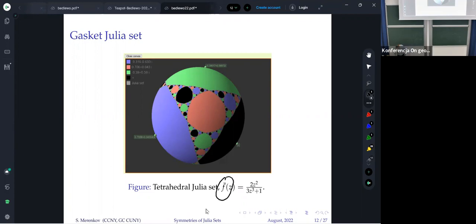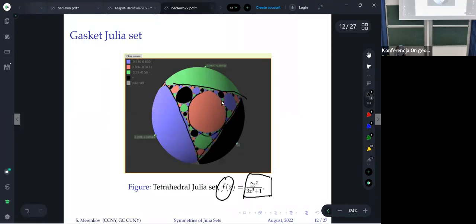This particular picture gives you degree 3, or since it's anti-rational, maybe a correct way to say degree -3 map. Okay, and that's a picture of it, and you can recognize here a part of it, the Apollonian gasket, and so forth.